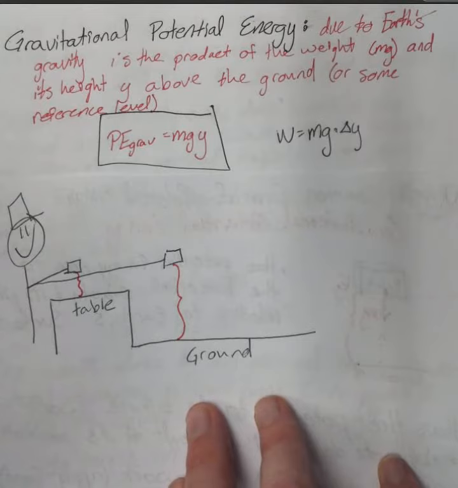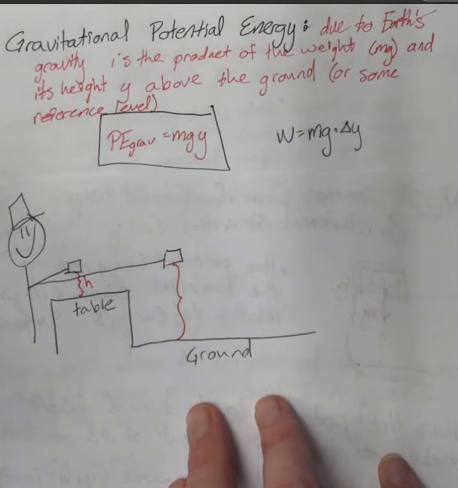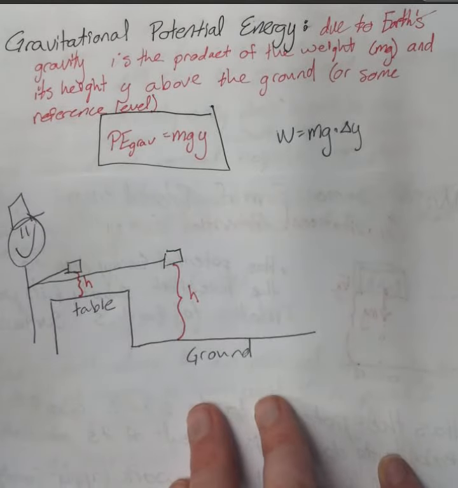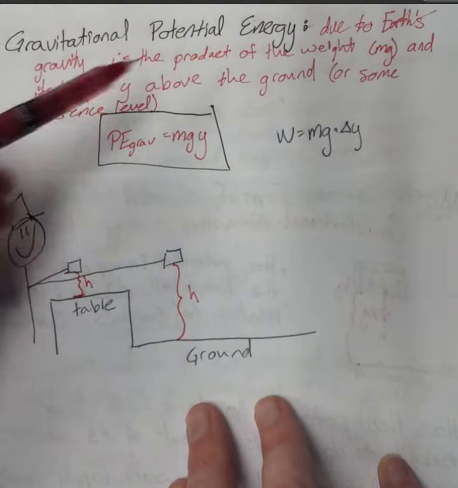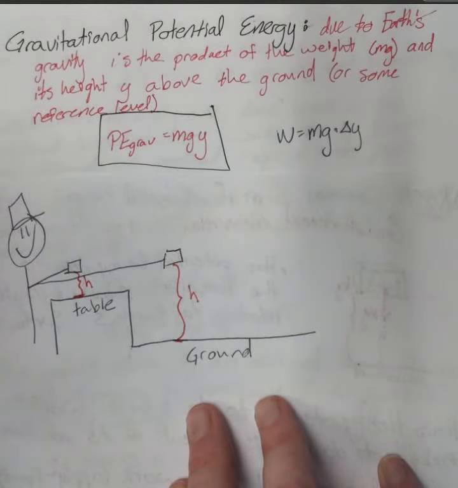And why would we want to do that? Well, here gravity is going to work across this height, and here gravity is going to work across this height. So that means that the potential for this cell phone to do work is going to be based off of when it will hit the table, or how far above the table it is, and this one above the ground.